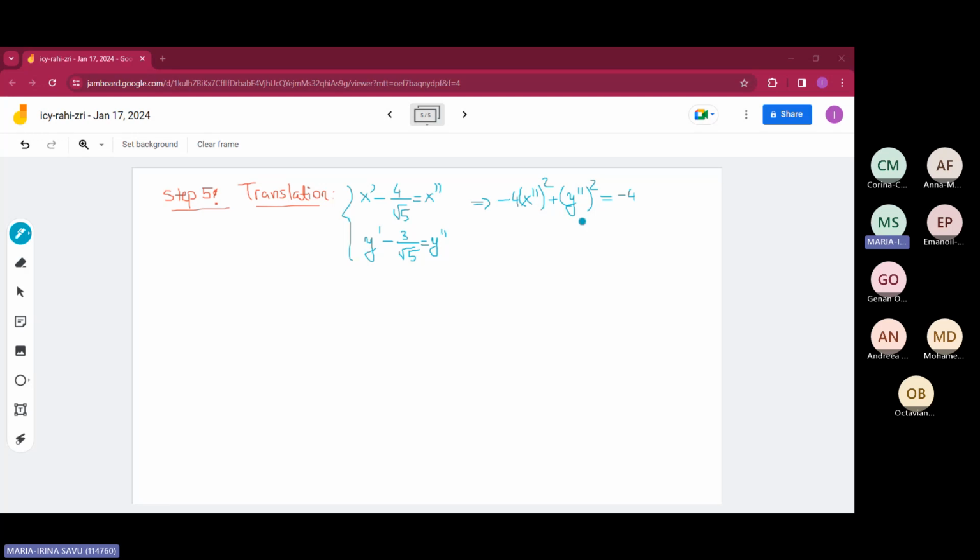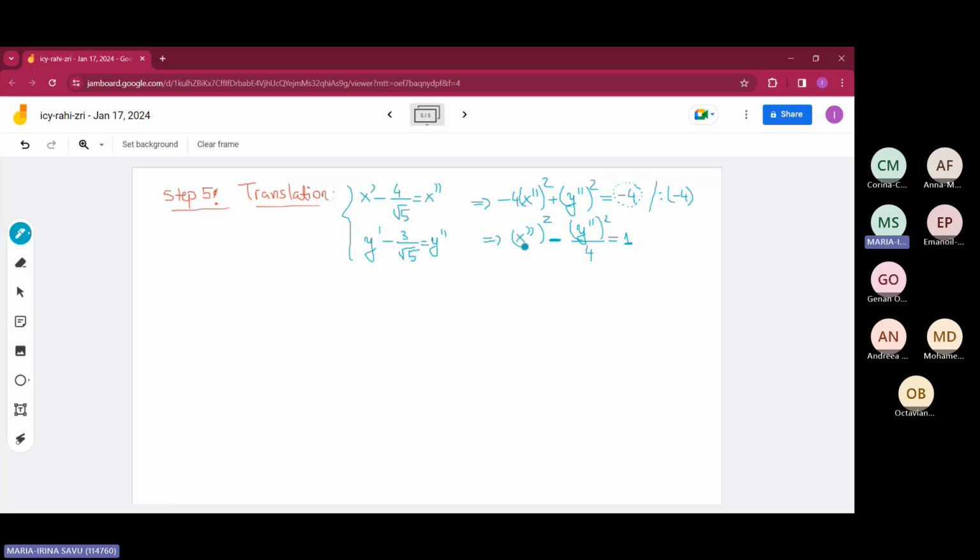Then what should we do? We can divide by minus 4. Exactly. You told me earlier that we have a hyperbola, and having a hyperbola forces you to divide by minus 4 here to obtain a 1 on the right side. So we get x double prime squared minus this over 4 equals 1.